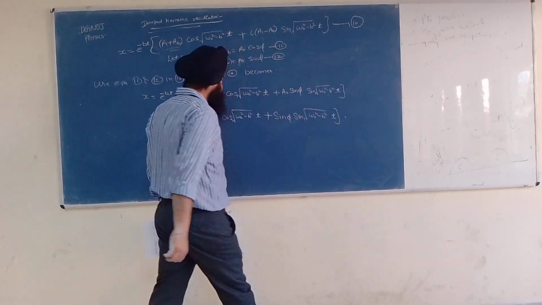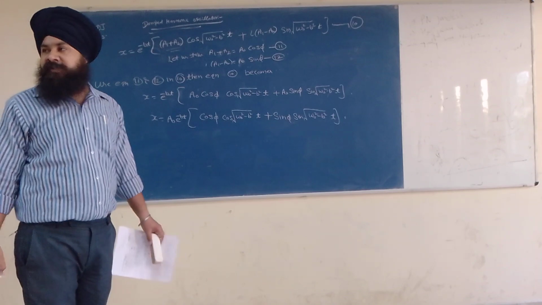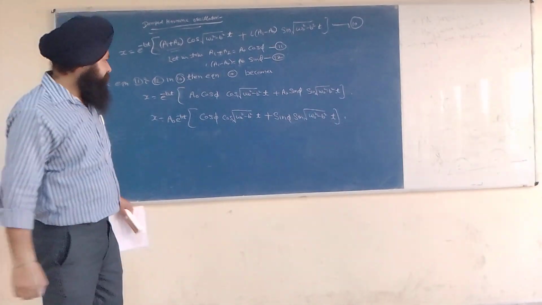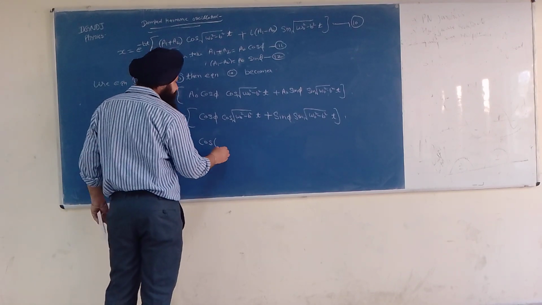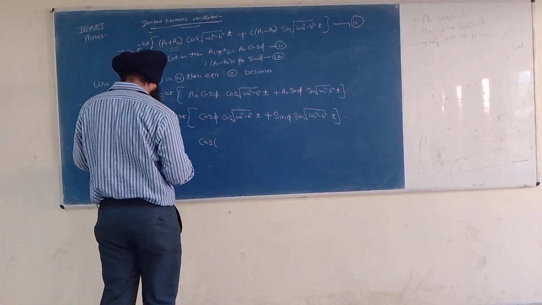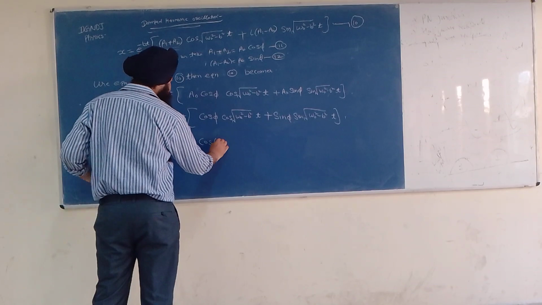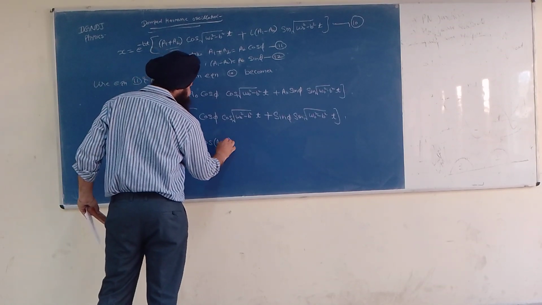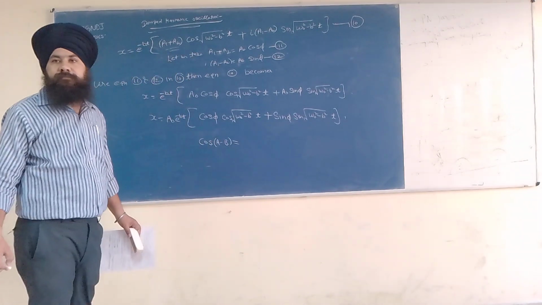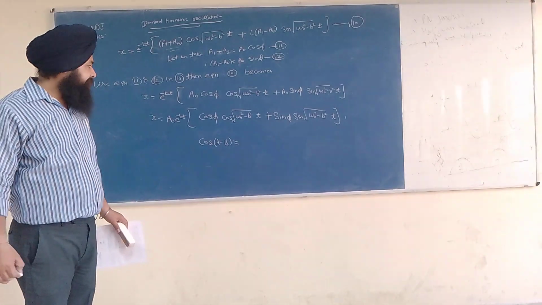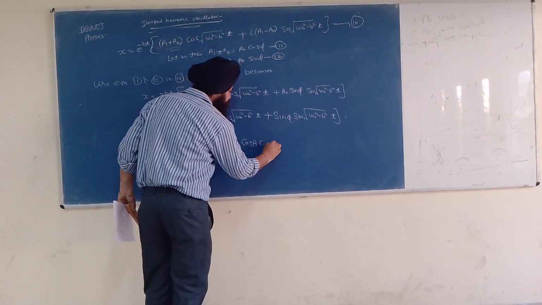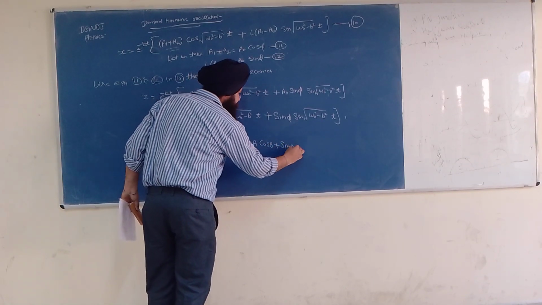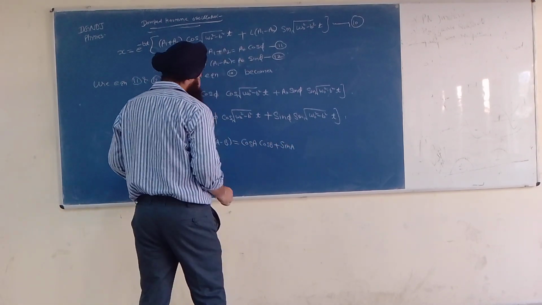See, this will become the cos a cos b plus sin a sin b formula. This becomes the formula cos of a minus b. Cos of a minus b is equal to, what is the formula? Cos a minus b is cos a cos b plus sin a sin b.